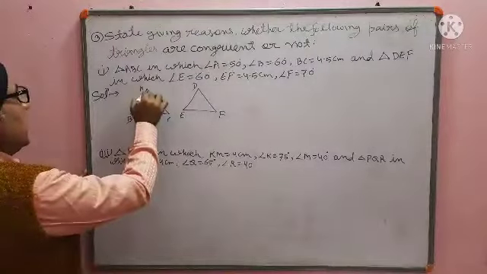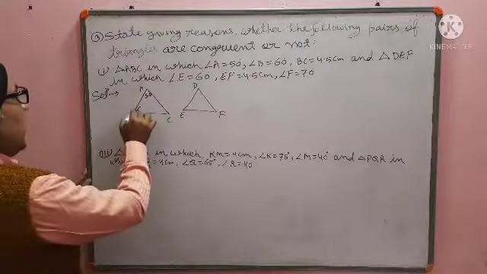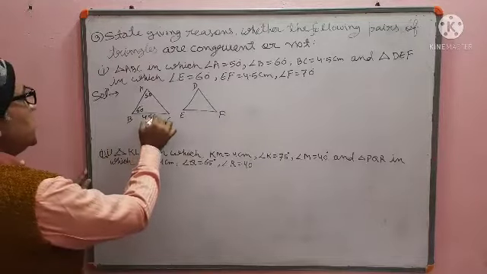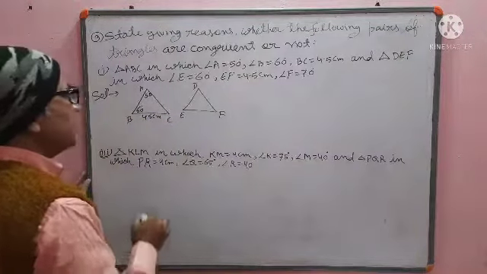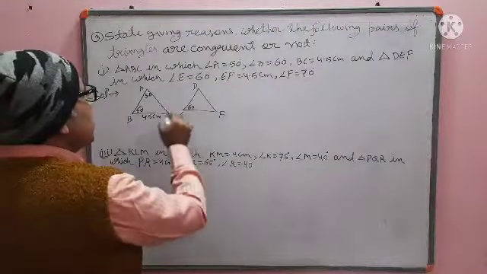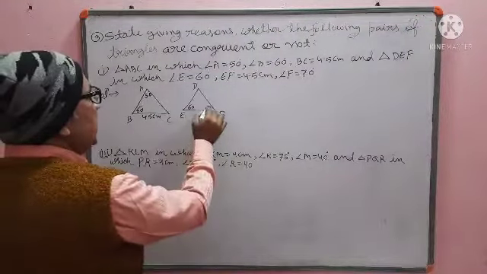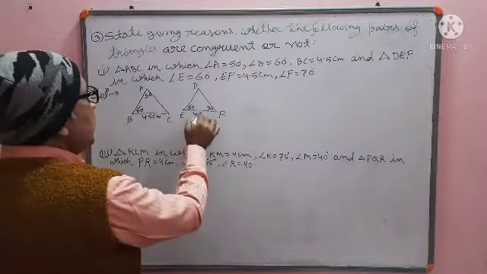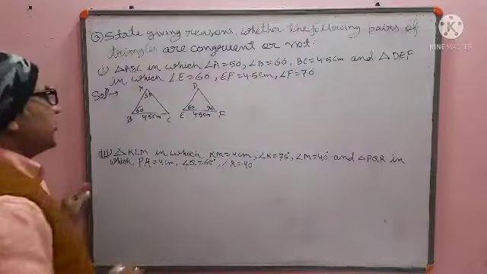Angle A 50 degrees, angle B 60 degrees, BC is 4.5 centimeters. In triangle DEF, angle E 60 degrees, angle F 70 degrees and EF 4.5 centimeters.